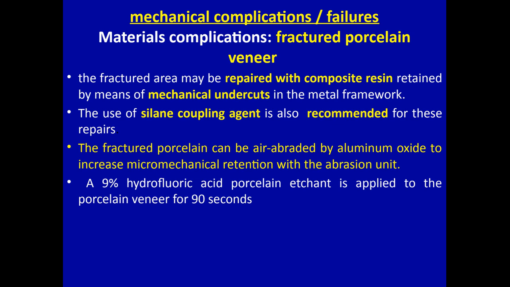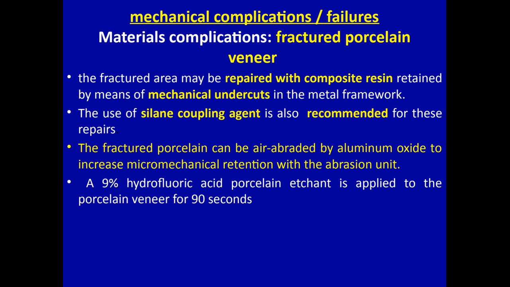The repair with the composite is either with the use of the silane coupling agent, or we can use micro-mechanical retention, either by air abrasion of the fractured porcelain, or by using 9% hydrofluoric acid to etch the glass ceramic. It is used only for glass ceramic like IPS e.max, while it does not work with polycrystalline ceramic like zirconia.